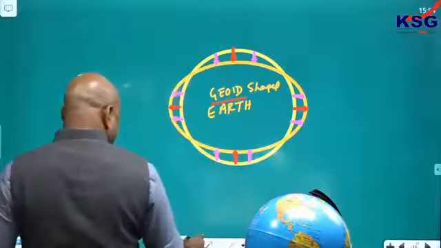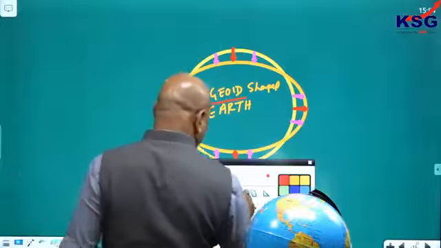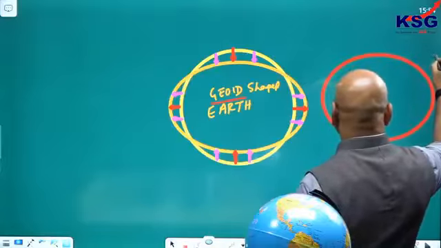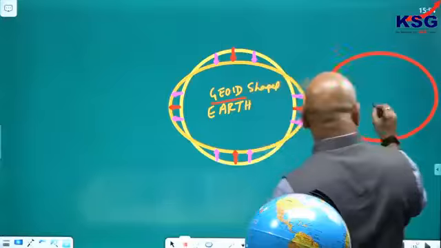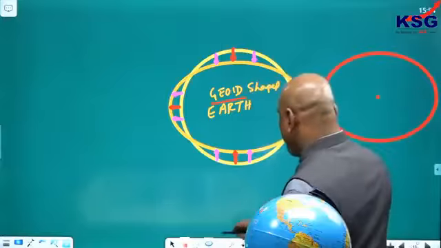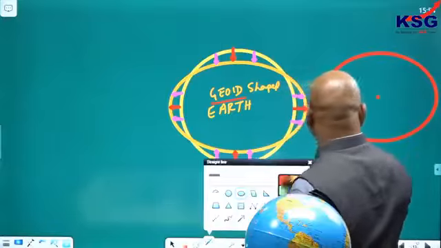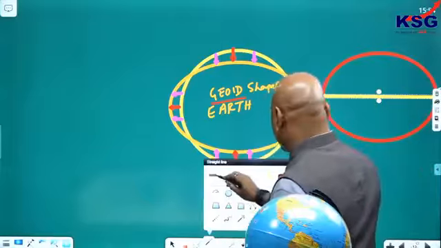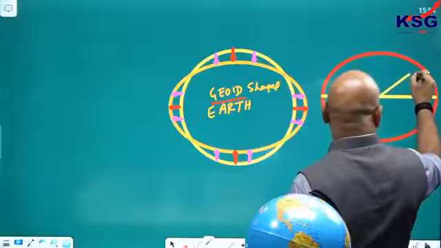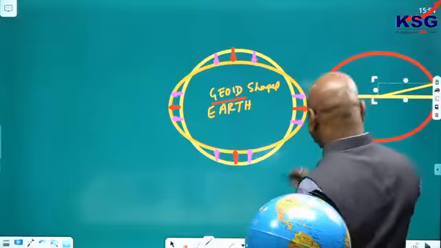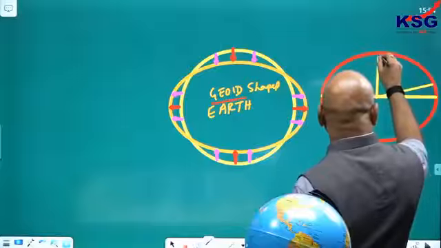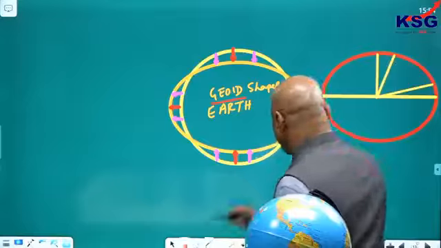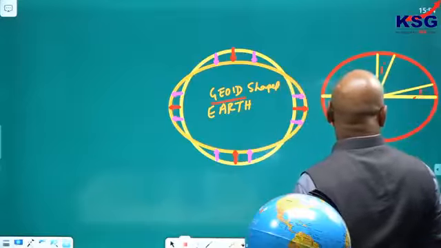Now, if I take this geoid shaped earth, look here. From the center of the earth, if I take an angle of 1 degree from here, and this is also 1 degree, here also 1 degree.